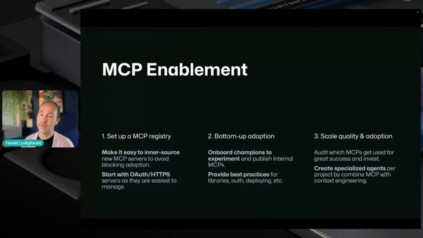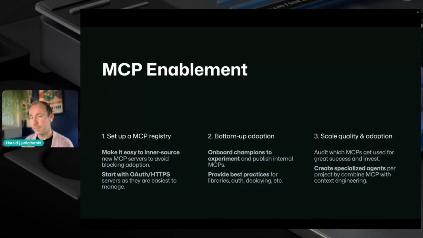MCP is really one of these areas that people want to innovate with, and providing a paved path helps you bring not just public MCPs into your experience, but also domain-specific ones that your teams can benefit from.